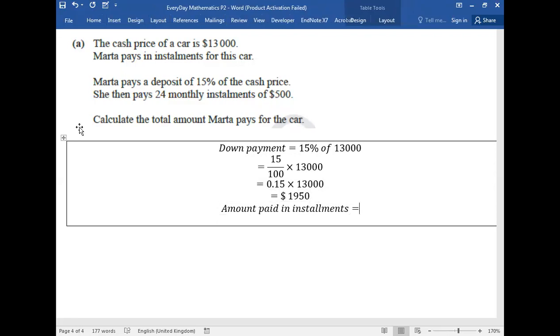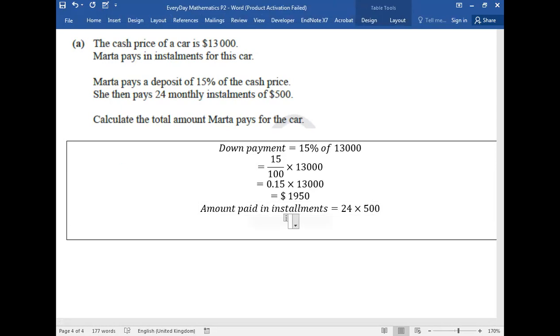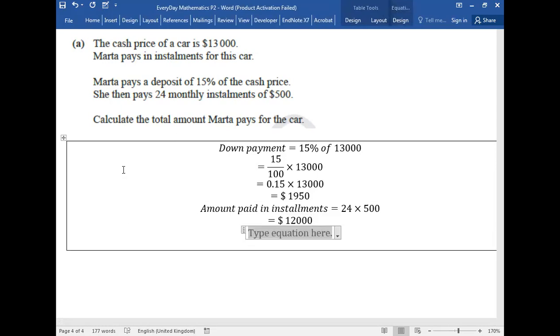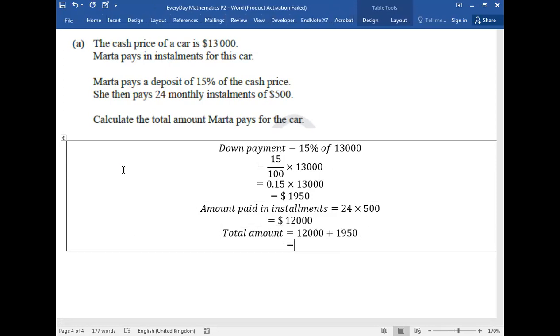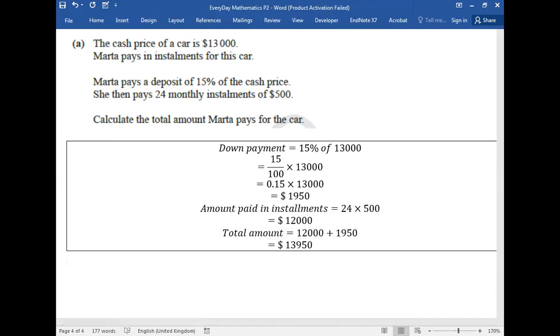And the amount paid in installments, she paid 24 monthly installments of $500. So 24 into 500 is 12,000. So the total amount that she has to pay is 12,000 plus 1950, which is 13,950. Obviously, the cash price was lesser, that was $13,000. So she had to pay $950 extra.